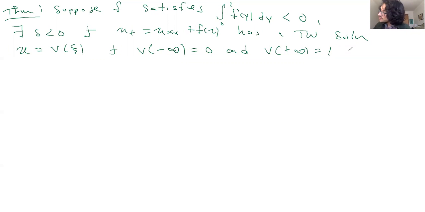Okay, so the idea is that you've constructed a traveling wave that's propagating that way because S is less than 0.